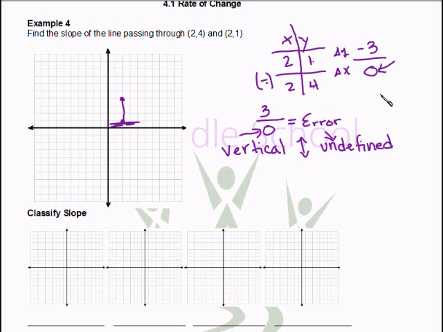If I try to divide, I get an error. When I get an error, it is undefined. Why is it undefined? Because I can't drive up the road and I can't drive down the road. It's physically impossible. Yeah, I know some of you can argue that, and you would like to try it, probably because you're daredevils. But in other words, it's a good way to remember that with vertical lines or a 0 in the denominator, your answer is undefined.